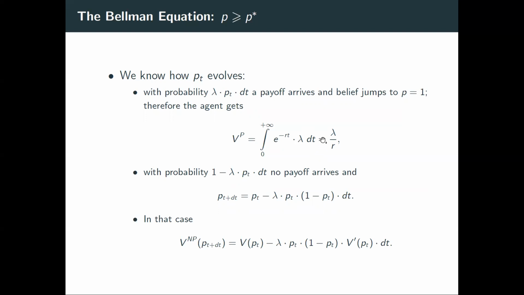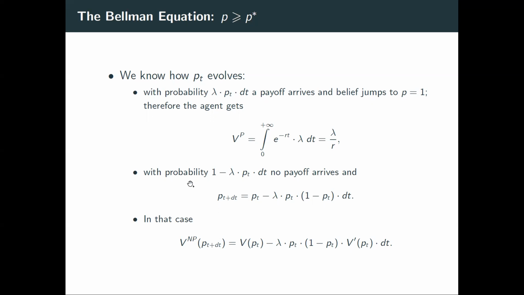So your expected instantaneous payoff is lambda times dt. And you just integrate it from today forever after. There is no uncertainty at this point, and it will be equal to lambda divided by r. That is exactly the value from the risky arm when you are certain that this risky arm is good, conditional on the fact that p is equal to 1.